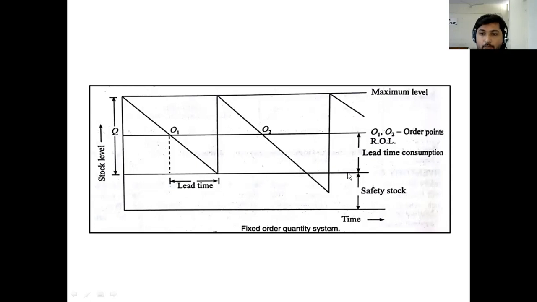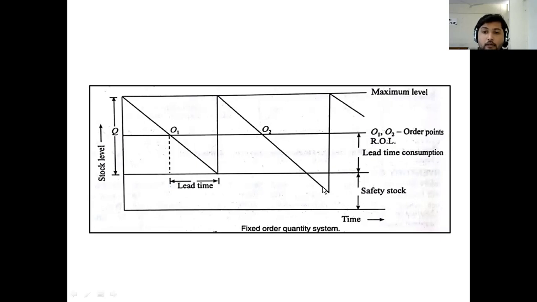If a problem happens with the delivery of a material or goods, or your production does not run according to your plan, then this safety stock will be used. Here you can see that the level of the stock goes below the safety stock.